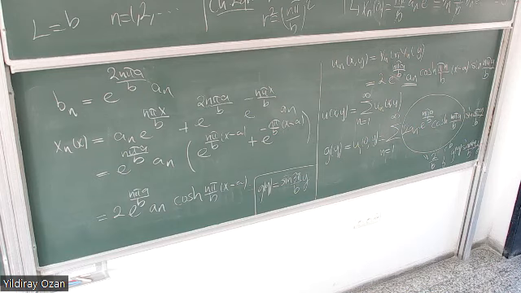Yani o zaman U1 xy eşittir 1 bölü cosine hyperbolic 3 pi a over b and then cosine hyperbolic 3 pi over b x minus a sine 3 pi y over b. Okay. So this is U1.